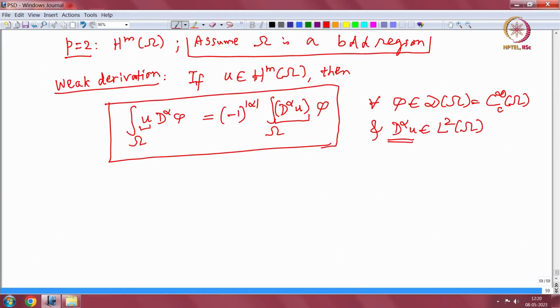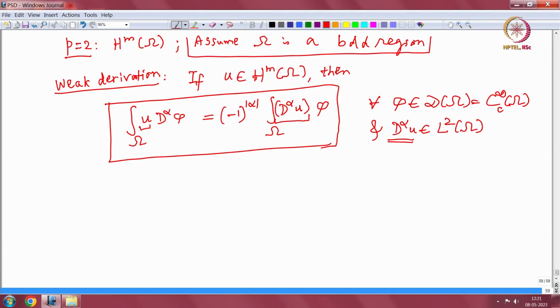You may get it later, but as of now, just from the definition of the Sobolev space, this D^α u's relation to u comes only from this relation. So that's important to remember. Otherwise, we get the tendency to think this is just the usual derivative. If you want, you can write this as g_α and call it g_α equal to D^α u. So that's very important.